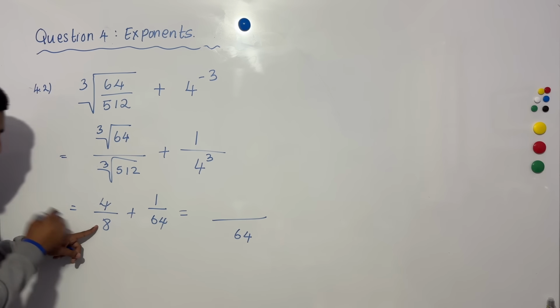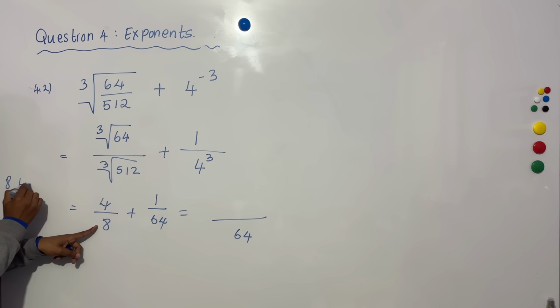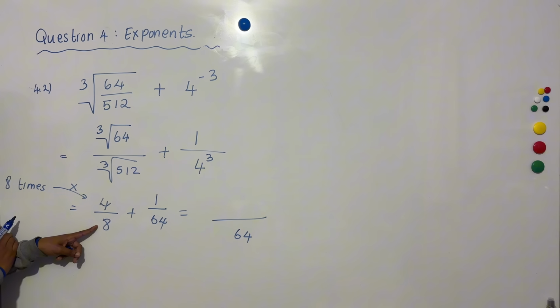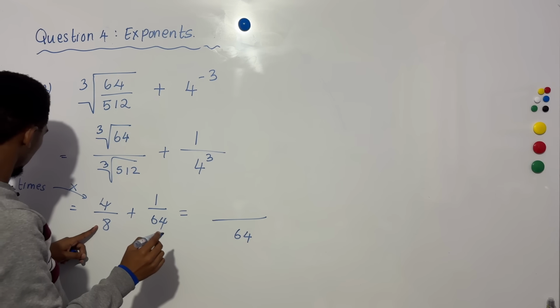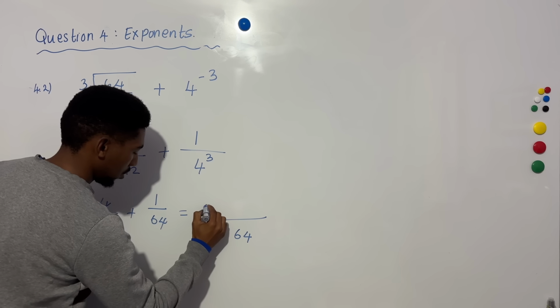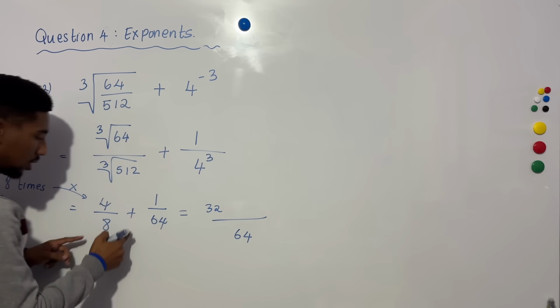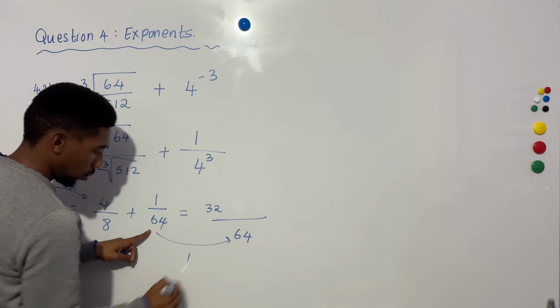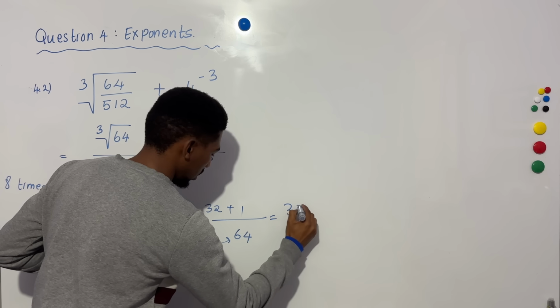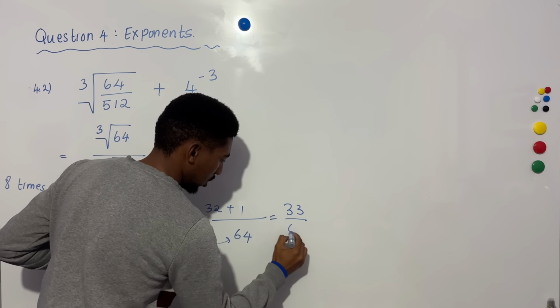It goes in 8 times. Then we multiply the 8 times the 4, so that is equal to 32. If I'm not mistaken, 64 goes into 64 1 time. 1 times 1 is 1. Then we have 33 over 64.